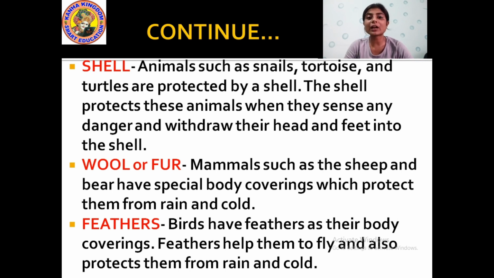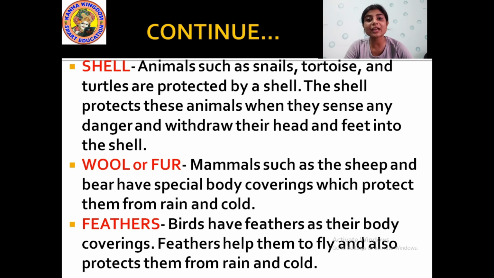Their body is covered with hairs. The animals which come under the mammals, their body is covered with hairs, and the female mammals can secrete milk to feed their young ones.